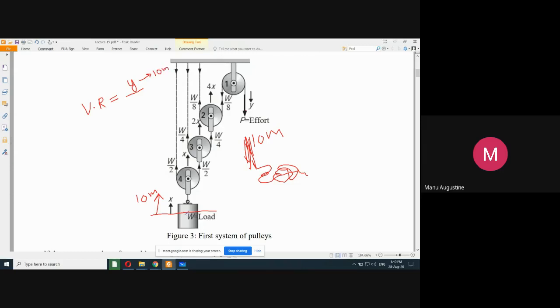Now I want to know, by doing this, after the thread has traveled through all these pulleys and all these pulleys have climbed up, 2 has climbed up, and with the help of 2, 3 has also climbed up, with the help of 3, 4 has climbed up, and the distance climbed by 4 is the actual distance climbed by the load. तो ये 10 मीटर तो नहीं चलेगी, ये कुछ कम चलेगी. And let us say this traveled a distance of x. So we just want to find out what this x is.